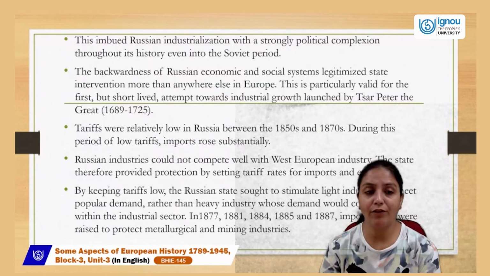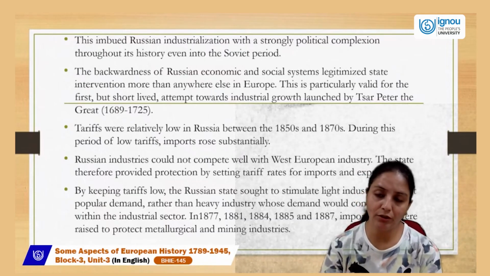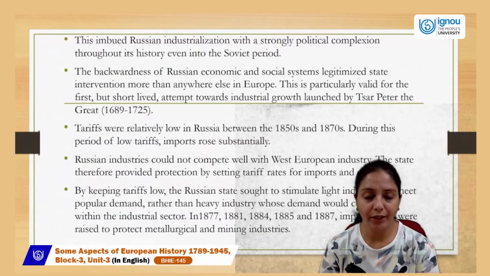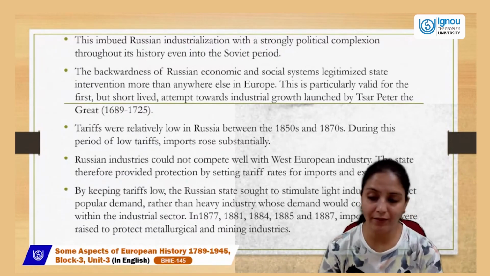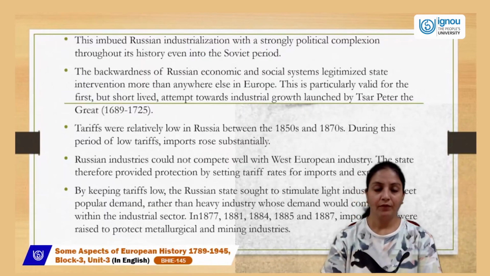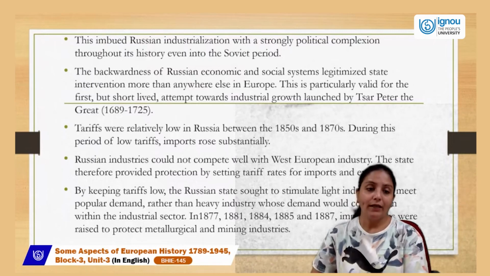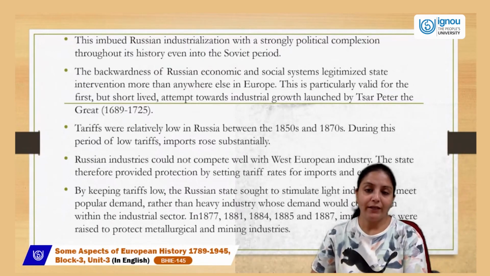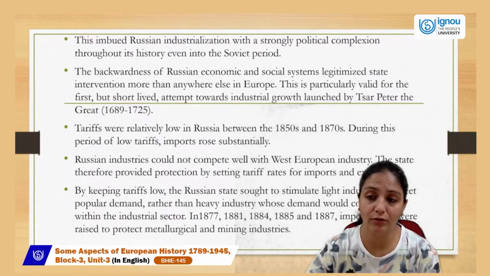This is particularly valid for the first but short-lived attempt towards industrial growth launched by Tsar Peter the Great. What was the time period? 1689 to 1725. Tariff, which was a type of tax, were relatively low in Russia between 1850s and 1870s. Tariff was low.